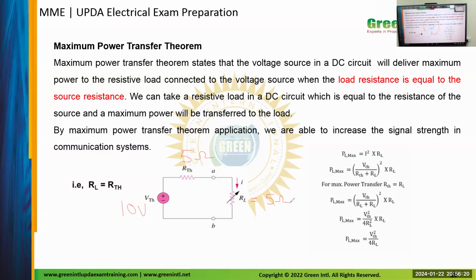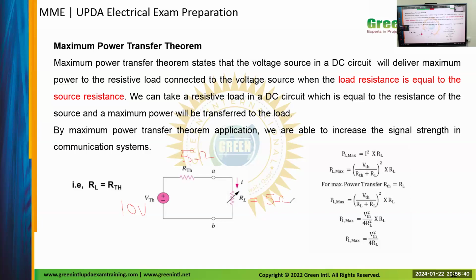Okay. Now, how much power? So now we forget about the theorem. We have one voltage source and two resistances connected in a series circuit. Correct?